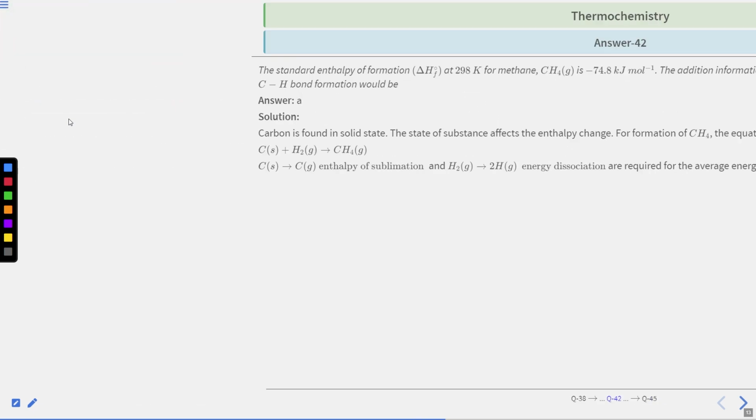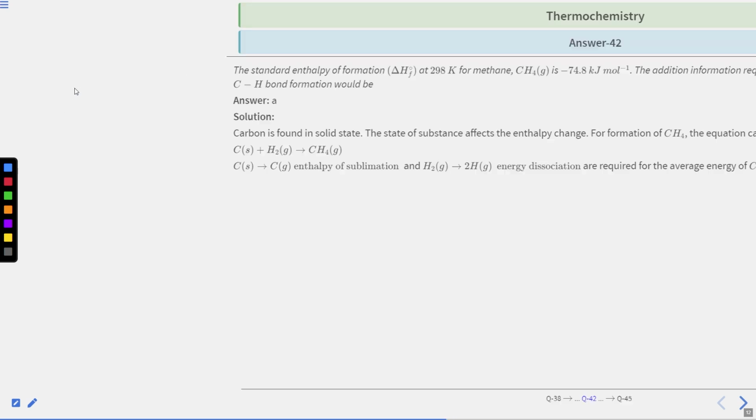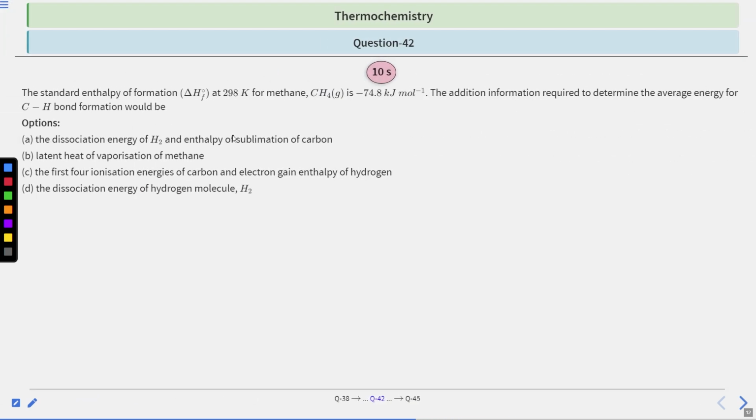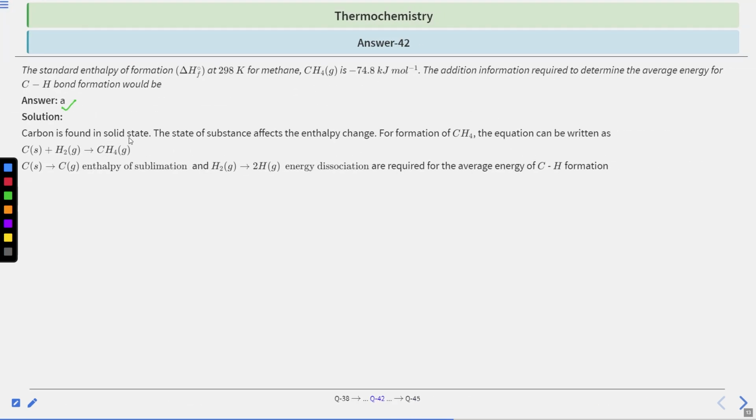Okay, so the correct answer is option A, that is the dissociation energy of H2 and enthalpy of sublimation of carbon. So let's see how. Carbon is found in the solid state. The state of a substance affects the enthalpy change, of course, because solid to gaseous enthalpy is also present. If the reactant or the product is solid, then for the formation of CH4, that is methane, the equation can be written as C plus H2 gives CH4.